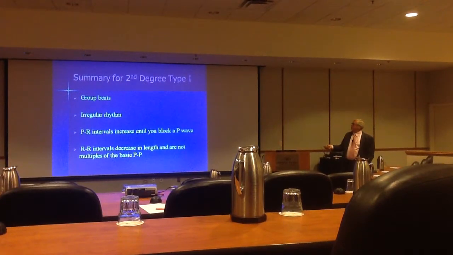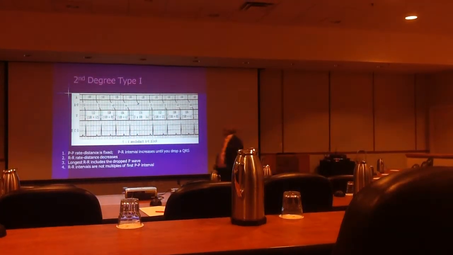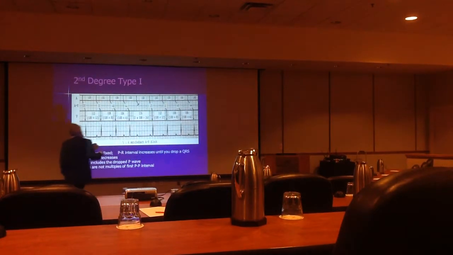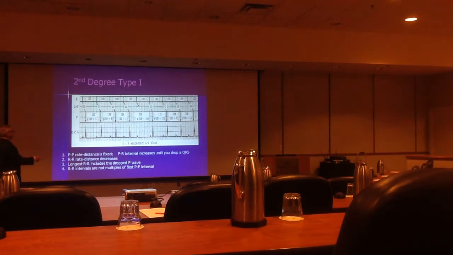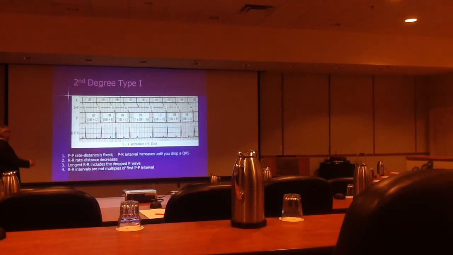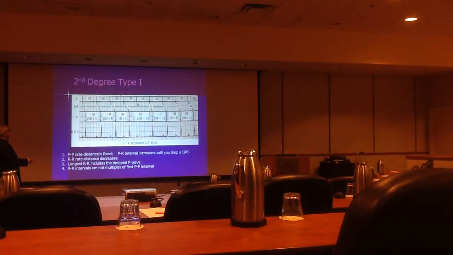So you see groups of beats, and this is what we have. So if you count the number of blocks on something like this, first off, if you look at the rhythm, you see beat, beat, beat, beat, pause. So there's a group of beats. Beat, beat, beat, beat. That doesn't help you.